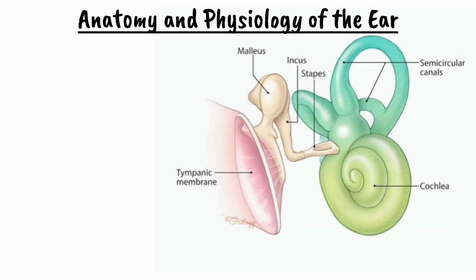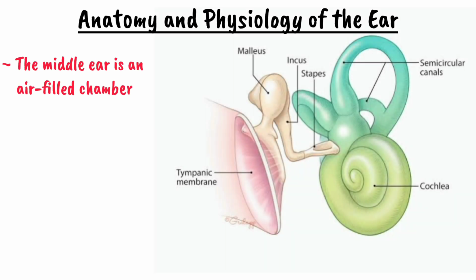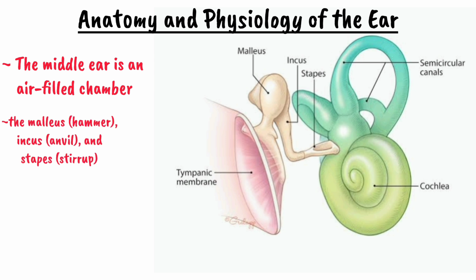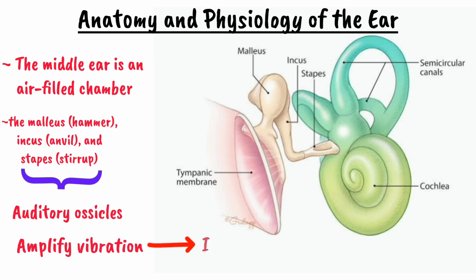The middle ear is an air-filled chamber that contains three of the smallest bones of the body: the malleus, the incus, and the stapes. These bones are collectively known as the auditory ossicles, and they amplify vibrations from the tympanic membrane and transmit them into the inner ear.